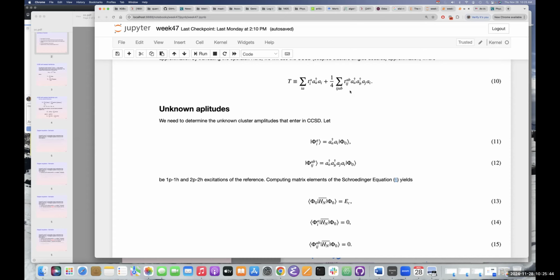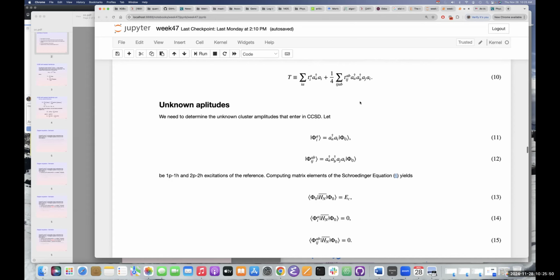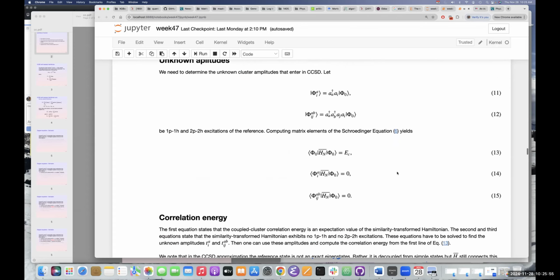When we diagonalize in FCI theory, we get these coefficients directly as the coefficients of the eigenvectors. Now, what we did was to calculate with this similarity transformed Hamiltonian. We showed last week that we could set up these equations here.